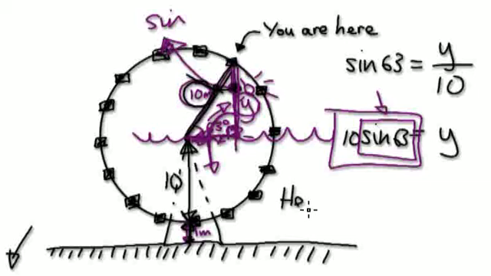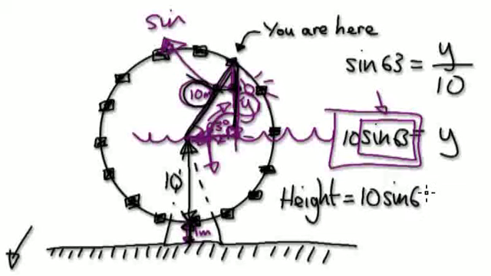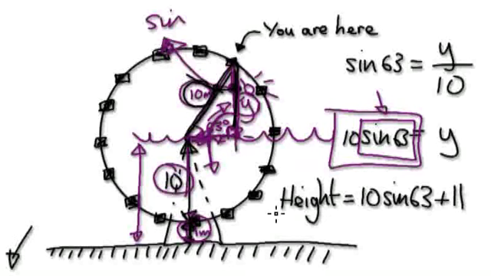So total height equals, well, this y here, which is 10 sine 63, and then we've got to add it to this height here. This height here is, well, remember 10 here plus the 1, so it'd be plus 11. Okay, so this would be your answer here. Height equals 10 sine 63 plus 11. Okay.